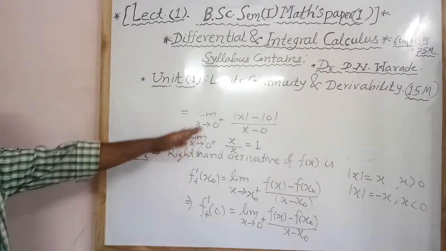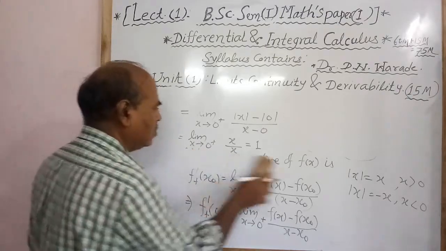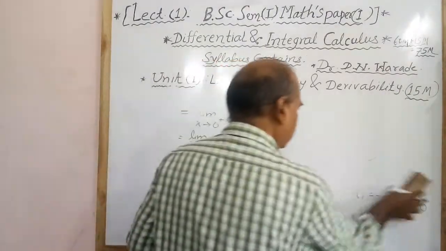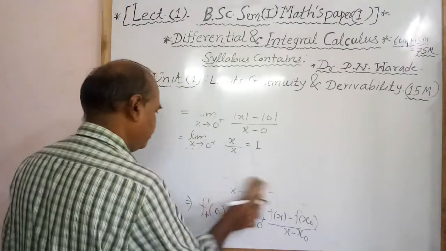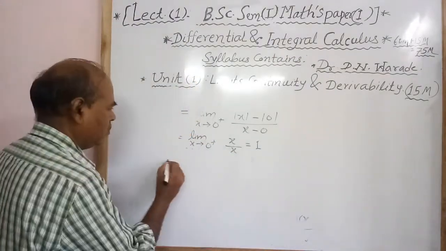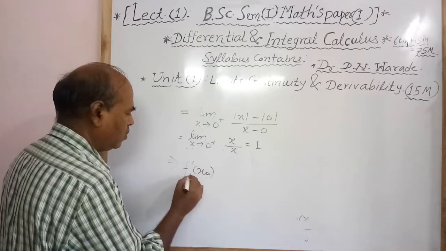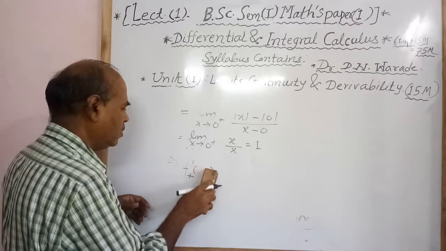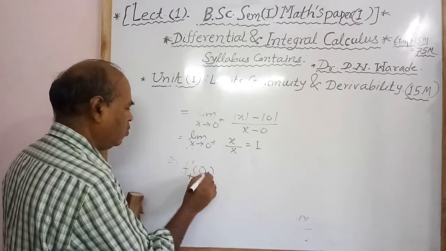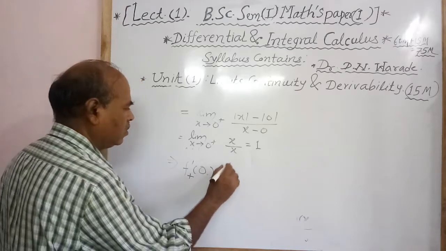Limit of constant equals the constant, therefore limit of 1 equal to 1. Therefore f dash of 0 plus equal to 1.